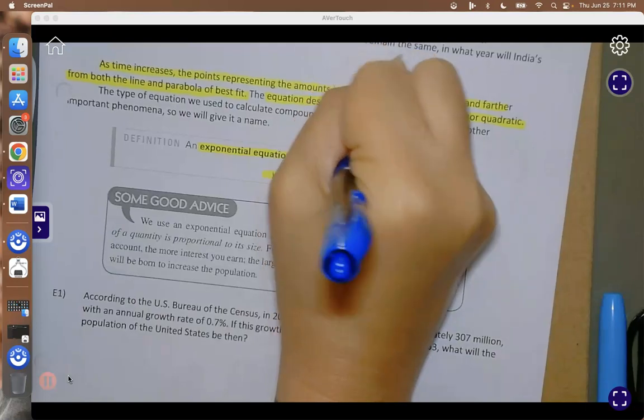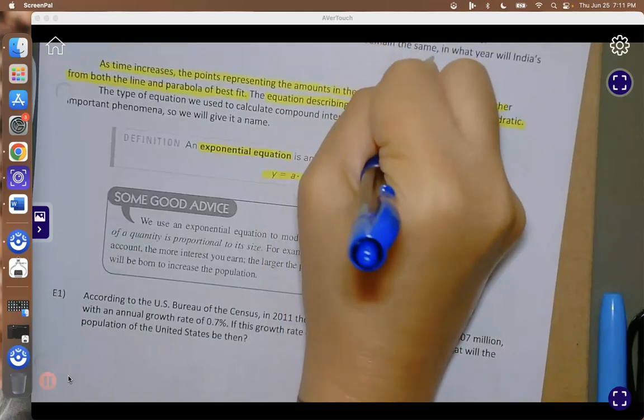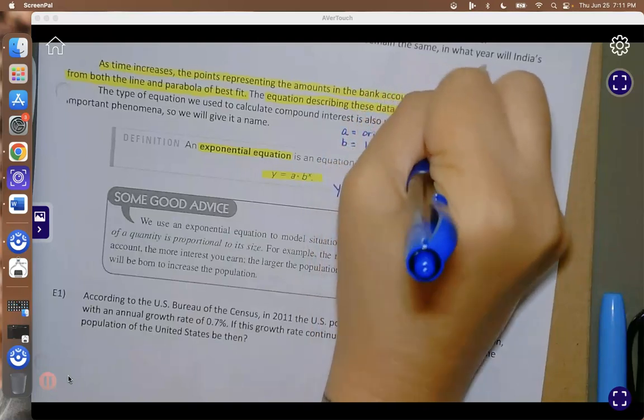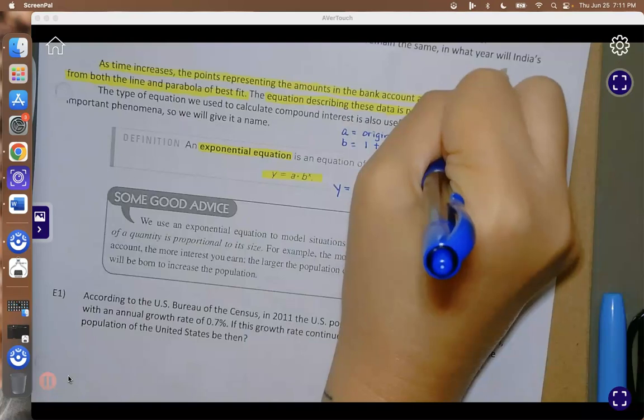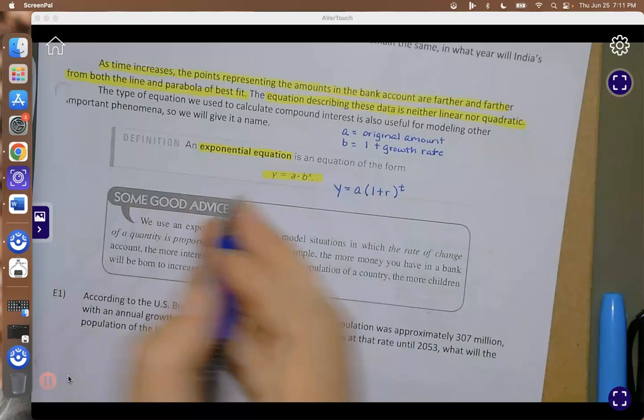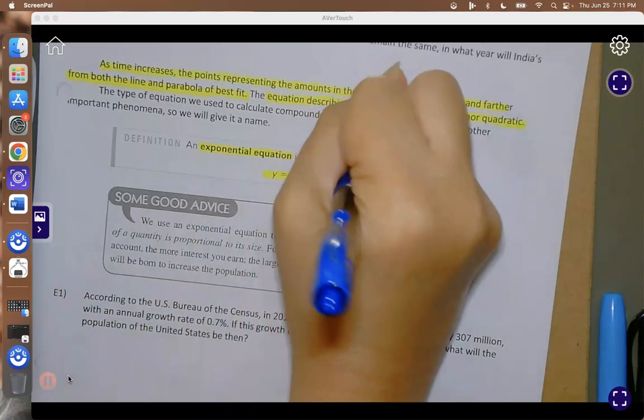B is 1 plus the growth rate. That's why I like to use this formula, because you don't have to remember that it's 1 plus. And x equals time.